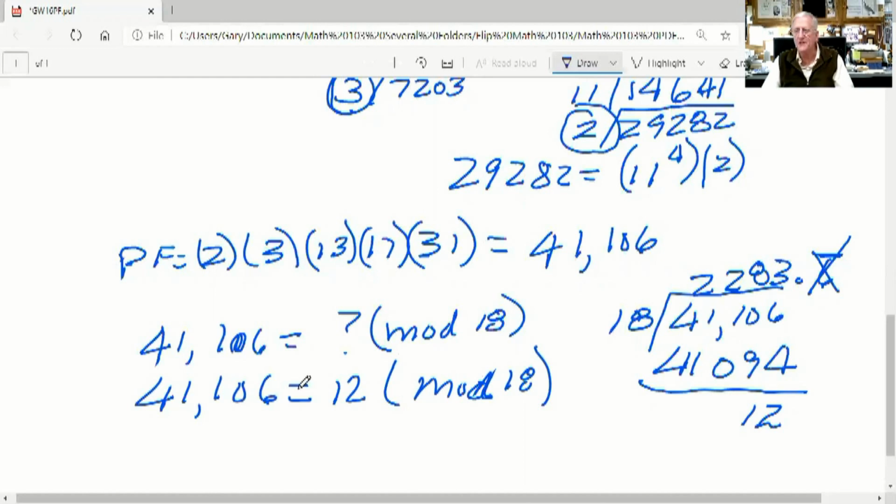But what we did is we refreshed our memory a little bit on prime numbers and prime factorization. And we, of course, realized that to do the conversion, you must get the whole number that 18 goes into how many times with 41,106, take the 2283 and multiply it by 18, and we got our remainder, which is what we needed, which was 12.